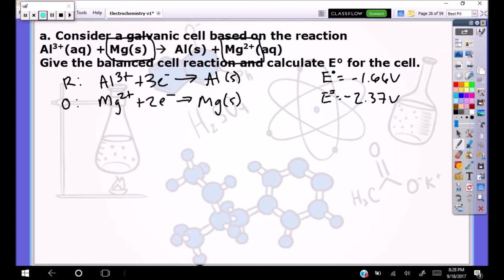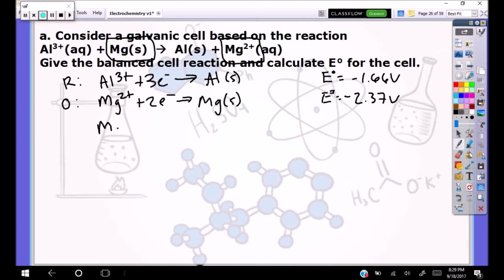So we need to make sure that these reactions are going in the right order. We said reverse the oxidation half reaction. We know we want to do that, one, because we said so in our rules, and two, because we see that the magnesium solid is on the product side here, and we need it on the reactant side. So let's go ahead and reverse.